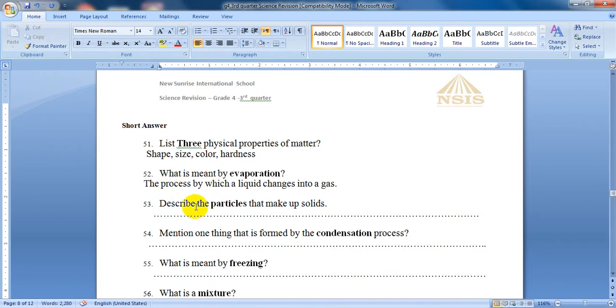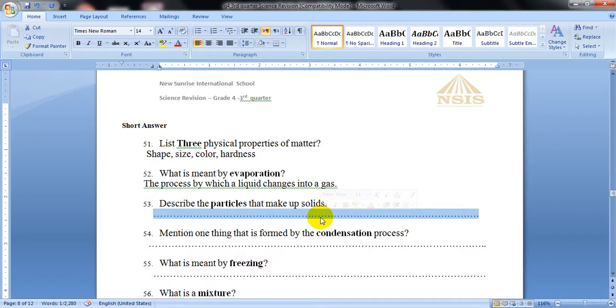The next one, describe the particles that make up solids. We said before that any kind of matter has small parts or tiny parts inside it which are called particles, and these particles are different according to the state of matter, from a solid to a liquid or a gas. What about solid?